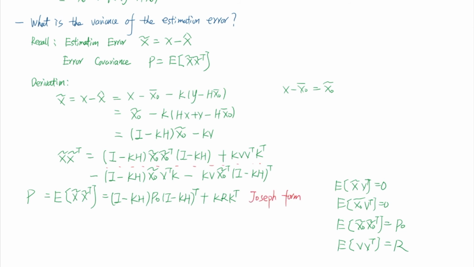And this expression here is the famous Joseph form. And it turns out that we can also obtain some alternate forms using the matrix inversion lemma, and they are also very commonly used. So this is the second one, and also we will have a third one.